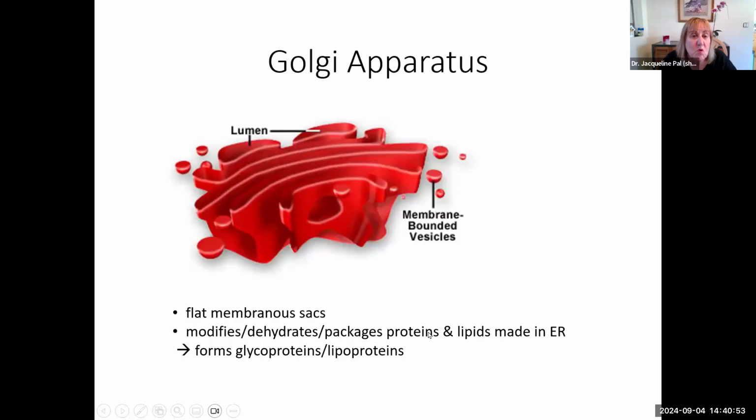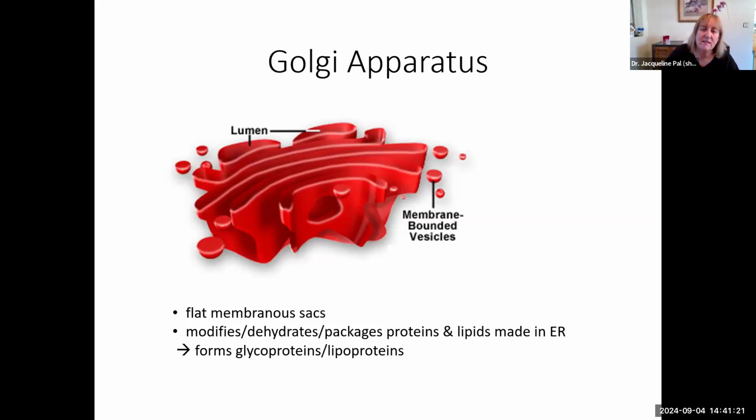And it's going to put the 2 together to make a lipoprotein. See how it did that? Put a lipid with a protein, make a lipoprotein. Or it could put glucose with a protein to make a glycoprotein. So it modifies and packages proteins and lipids made in smooth and rough endoplasmic reticulum.